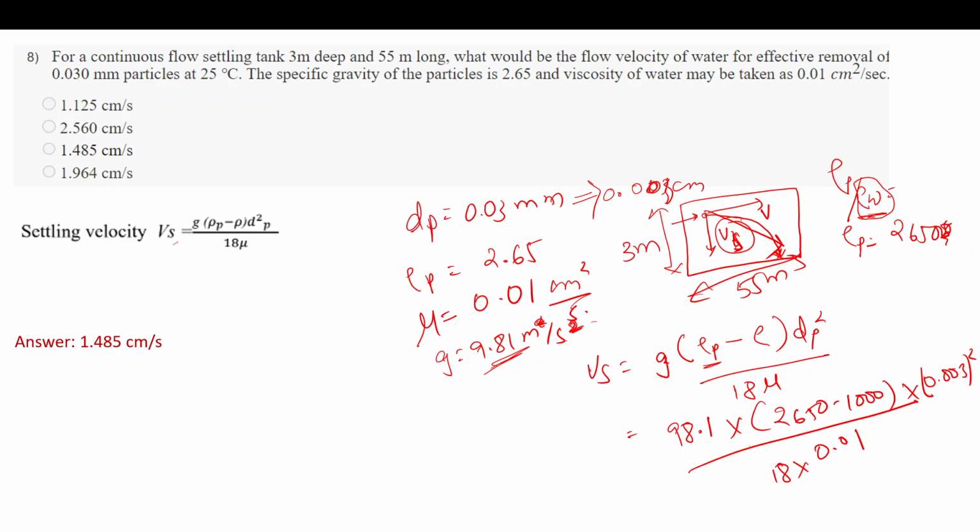Do the calculation. It is coming as 8.09.